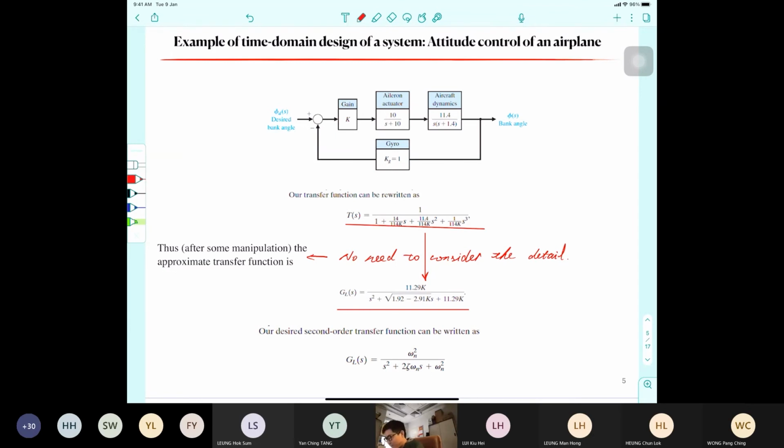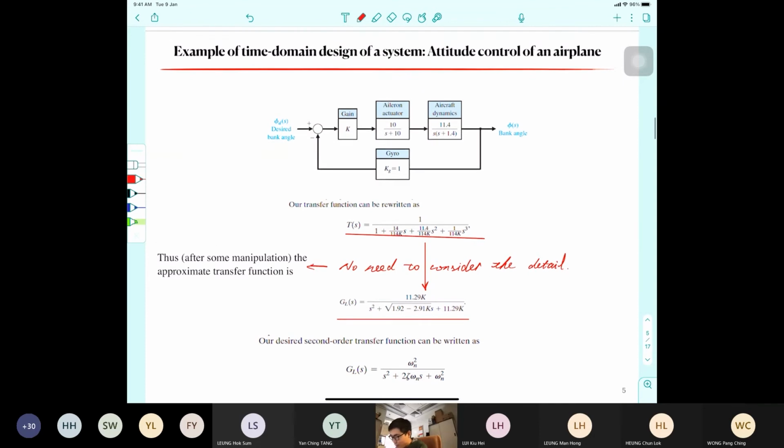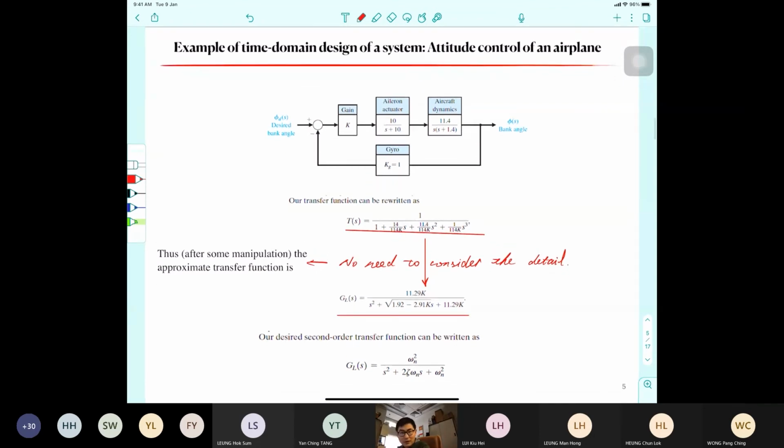Could you give me a response? Could you answer this question? Yeah, second order system, right? This is a second order system. So at the very beginning here, this is a third order system, right?